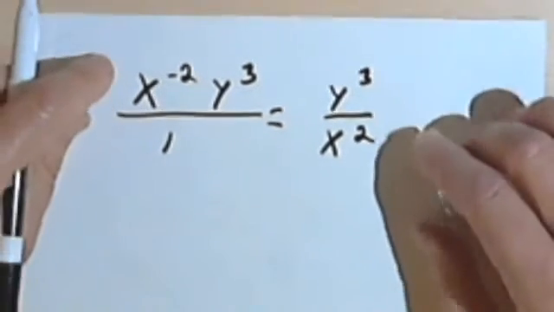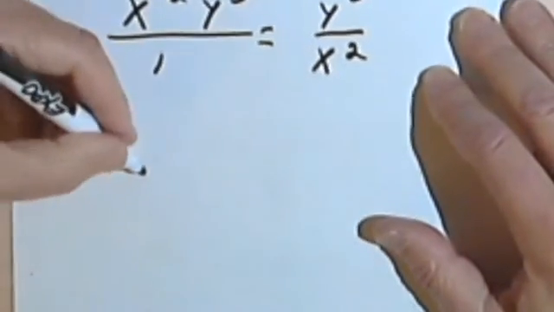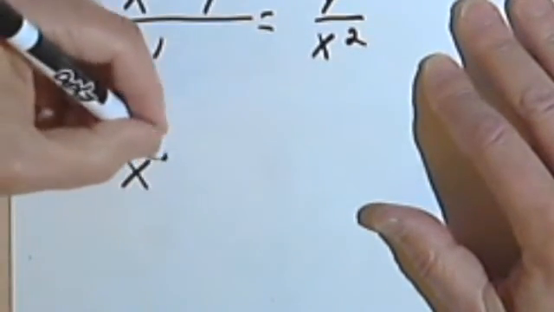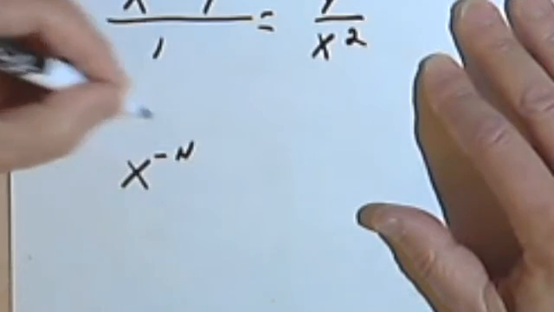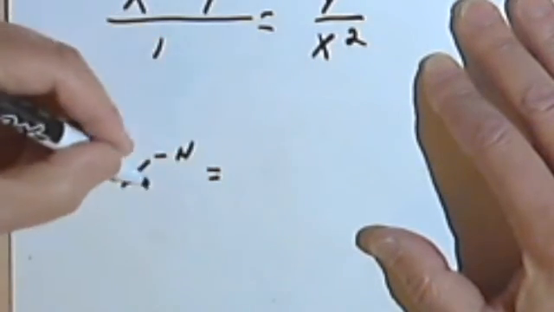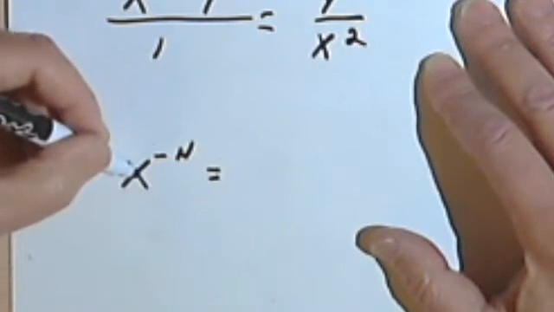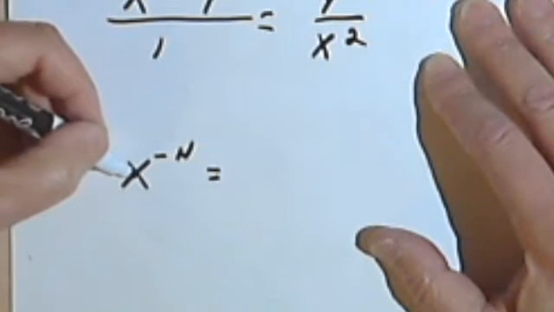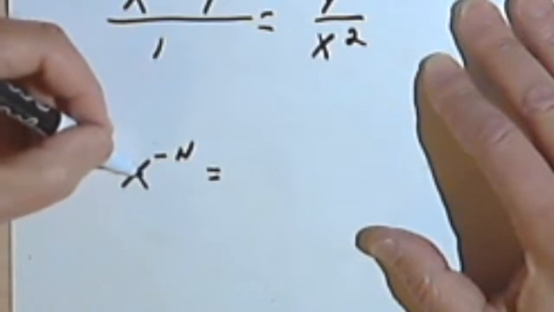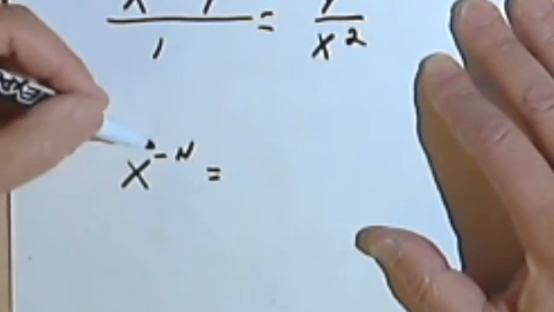Okay? There'll be plenty of chance to practice this. I just wanted to go over the general rule for you, which basically says if you've got a variable with a negative exponent, you move the variable, the base, or it could just be a number, like a 3. You move whatever the base is and its exponent to the other part of the fraction.